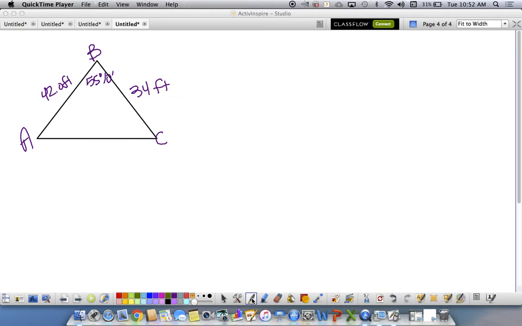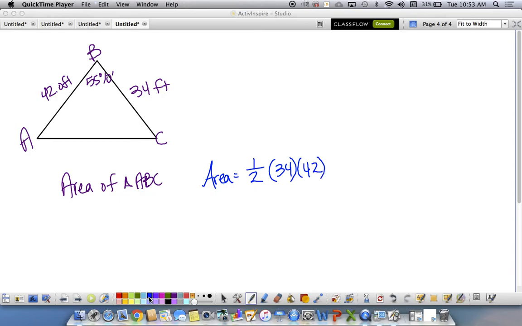Can you find the area of triangle ABC? So I have two sides. My area will equal 1/2 of my two sides, 34 times 42, times sine of 55 degrees 10 minutes.